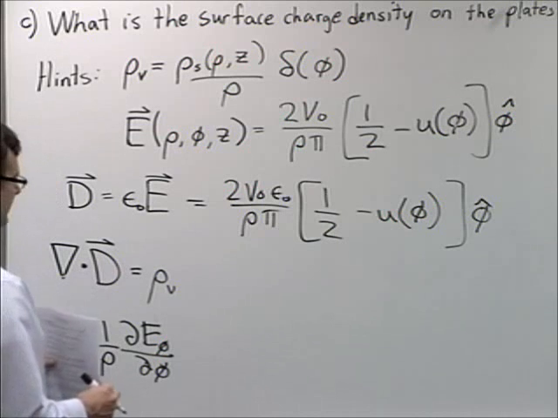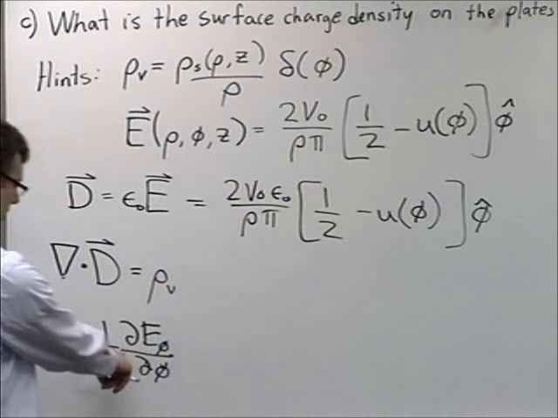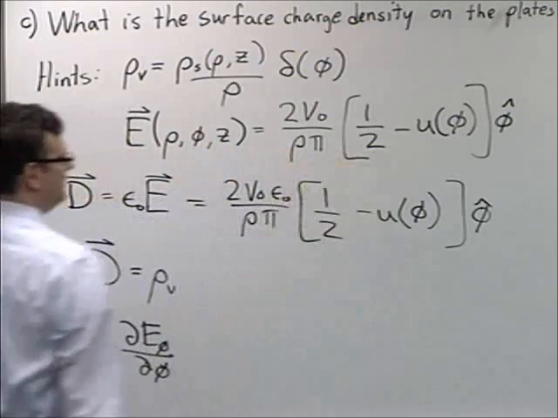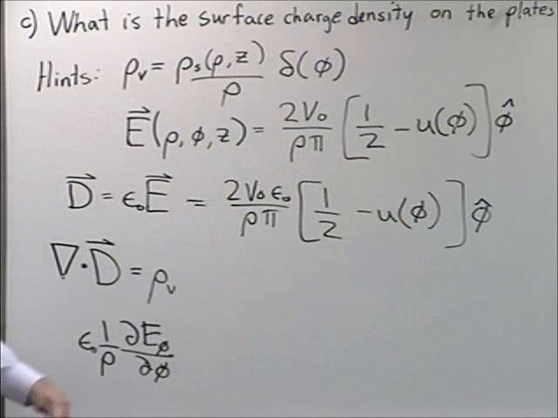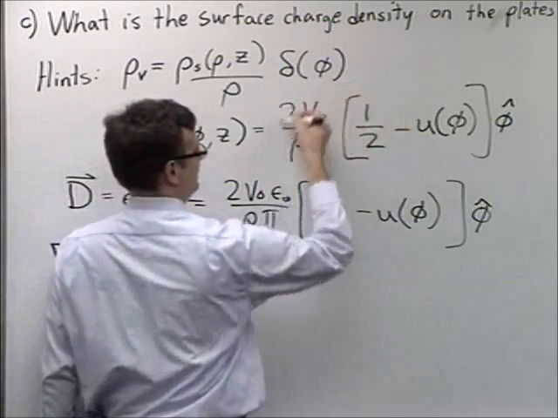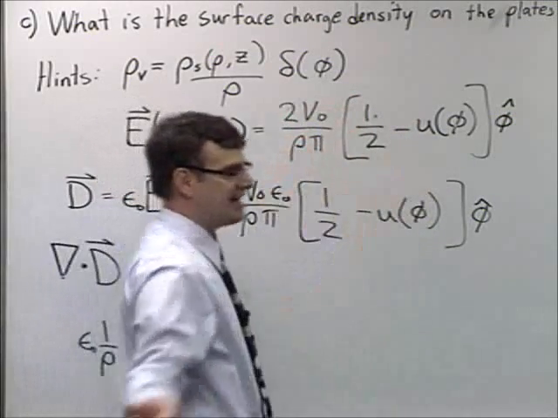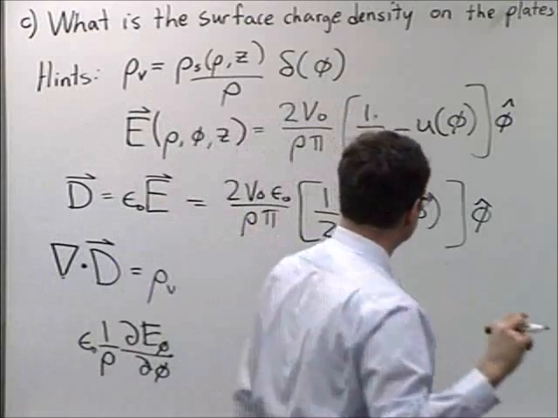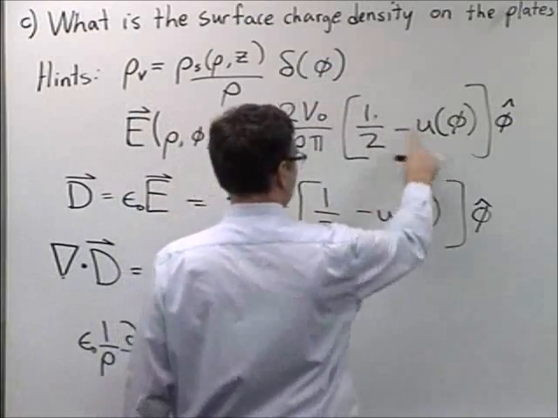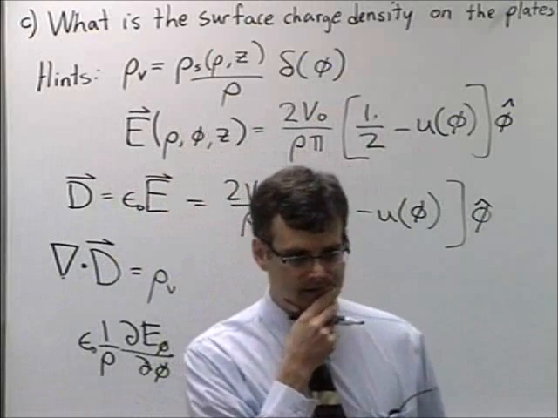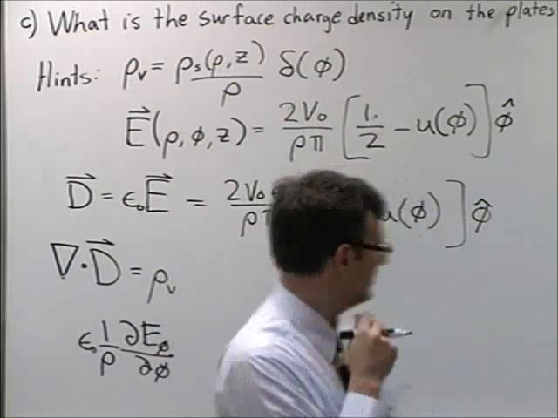So let's take the partial derivative of my E field with respect to phi. Well, I got a constant here, 1/2, times this other constant. The derivative of that's always going to be 0. What's the derivative of a unit step function? A delta function, that's right.